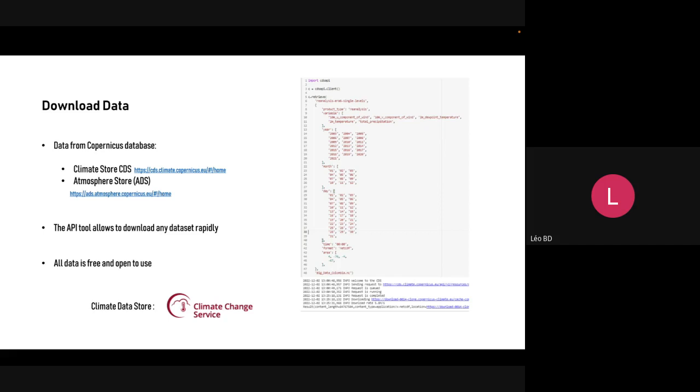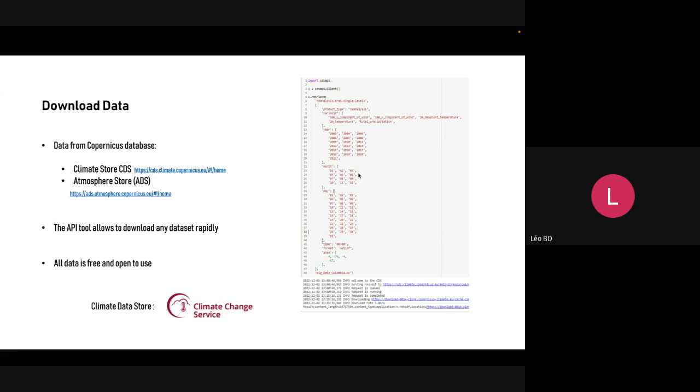But you have to be careful because these data are quite heavy. There are a lot of things in there, so you have to select what you want and not download everything, otherwise it will not work. I'm saying it because I experienced it. It was a bit hard. And as I said, all data is free and open to use, so that's amazing.